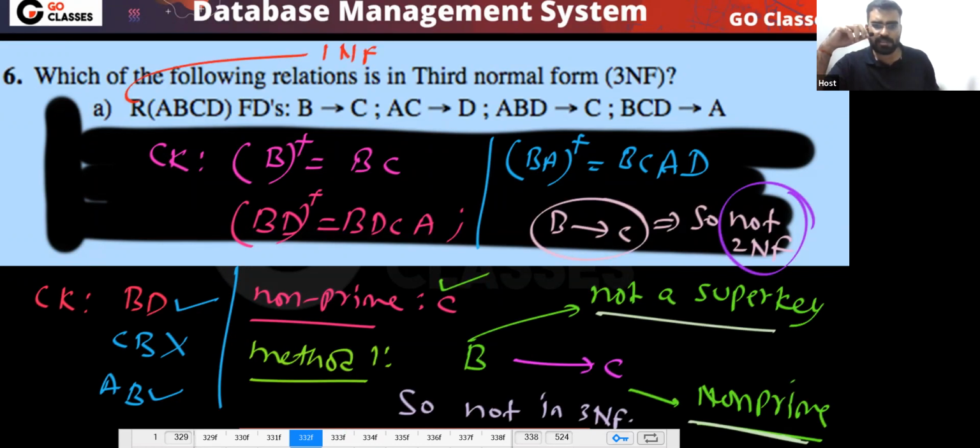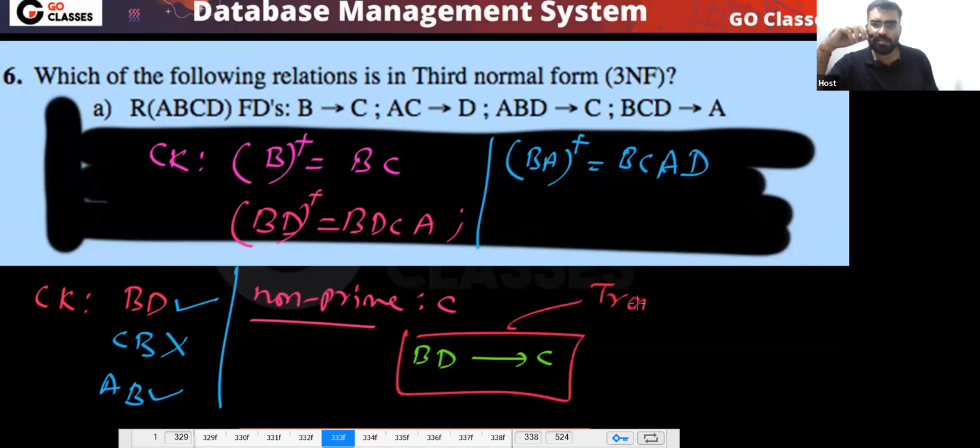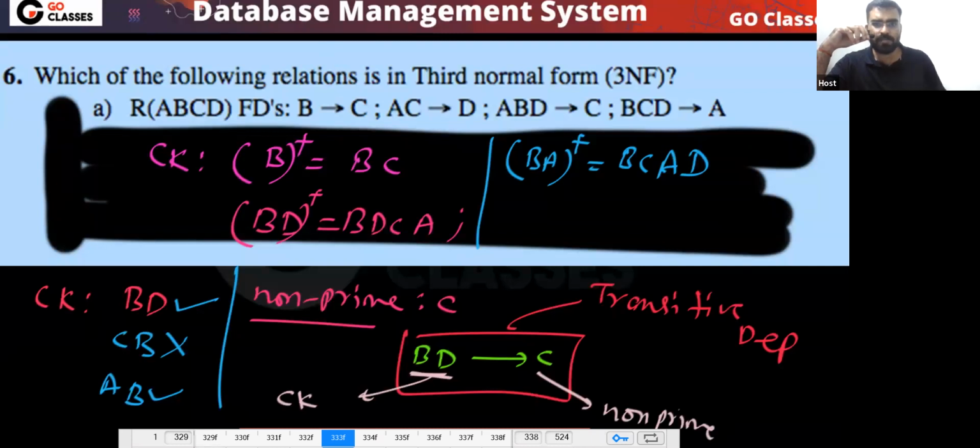Now you can notice there is a transitive dependency, because I can say BD determines B, which determines C. This is a transitive dependency. Yes or no? Why is it transitive?